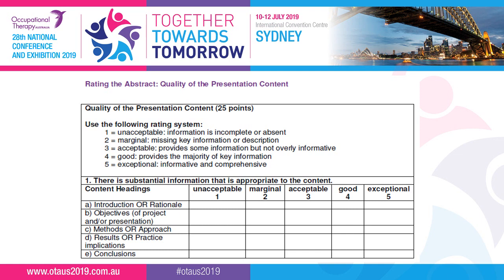If you don't have results in your abstract, then you're very unlikely to get a rating of 4 or 5 for that criterion, but you might get a 3, or in some very, very unique circumstances, you may actually get a rating of 4. But don't waste marks in terms of not presenting that section really strongly.